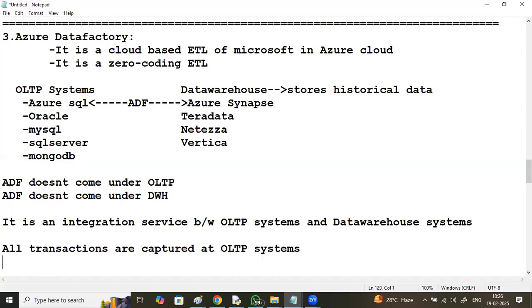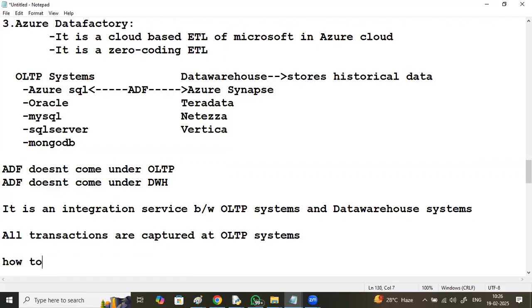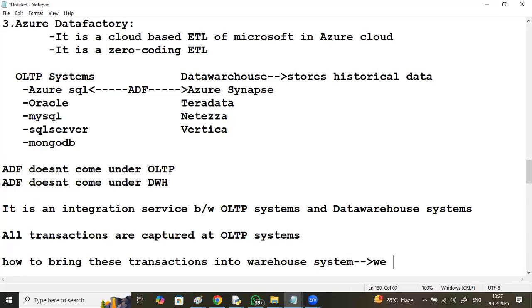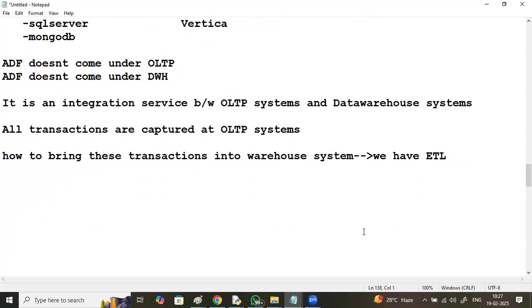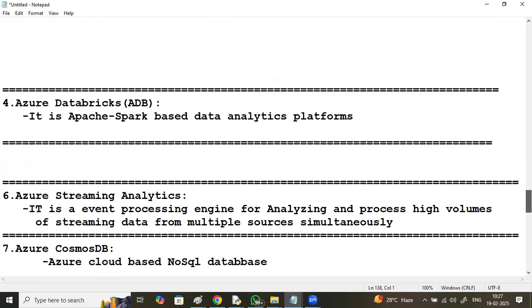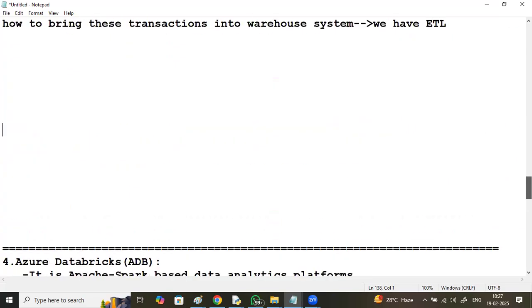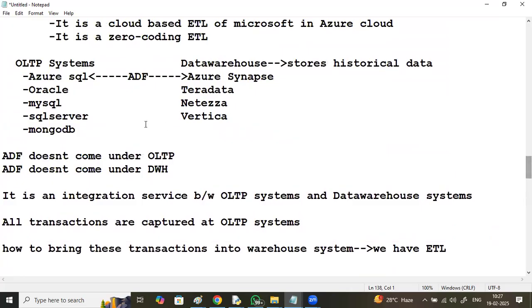How do we bring these transactions into the warehouse system? We have ETL. Generally, all the transactions are captured at the OLTP system.